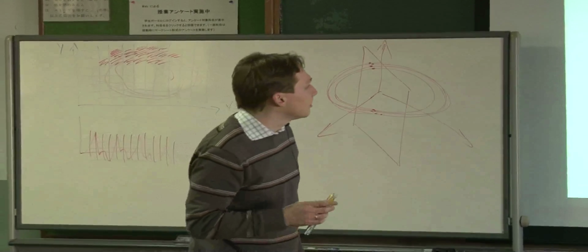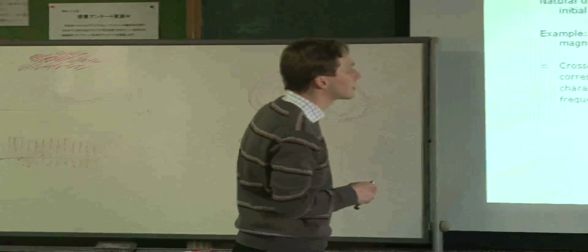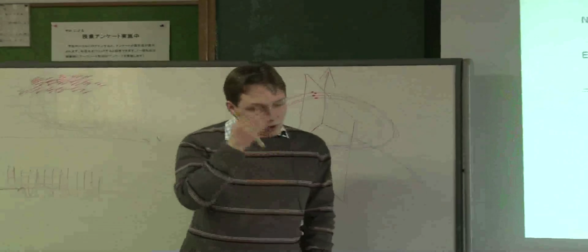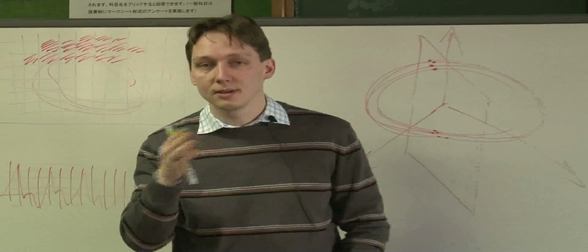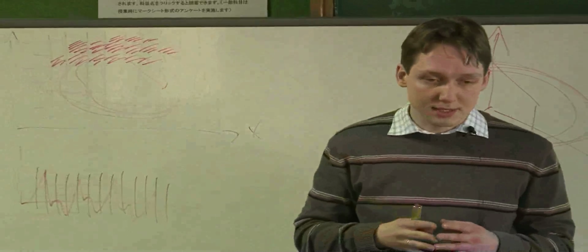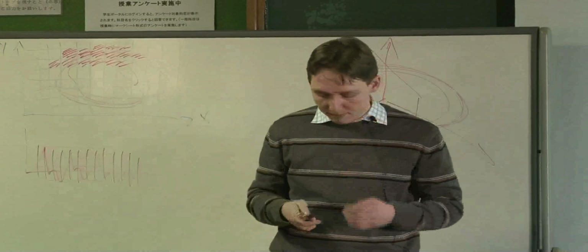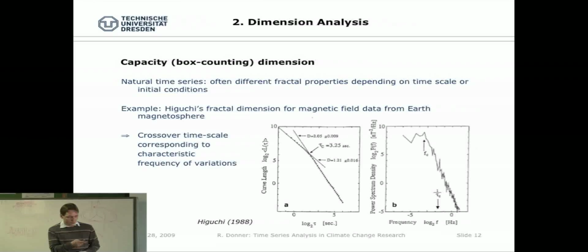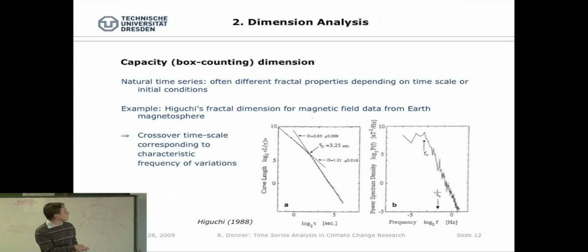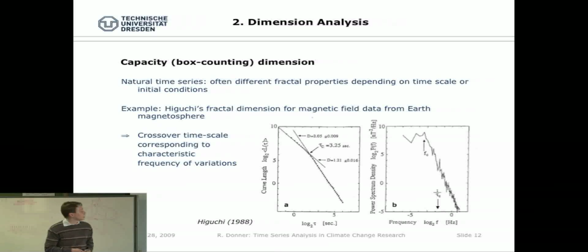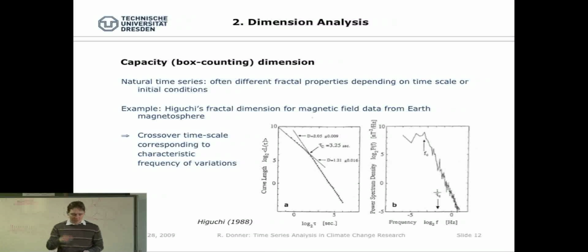Okay, some drawback of these scaling behaviors is that often the fractal properties or scaling properties depend on time scales or initial conditions. For example, I've plotted here an original result from Higuchi's original paper from '88. He studied the fractal dimension for magnetic field data from the Earth's magnetosphere, measured by spacecraft.